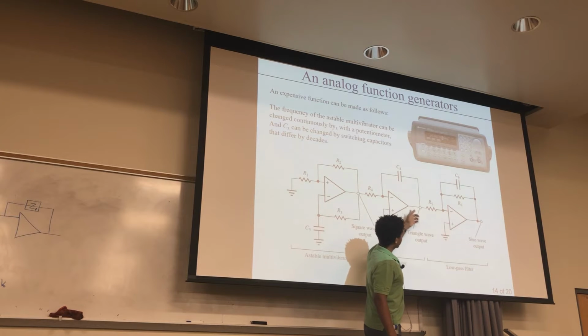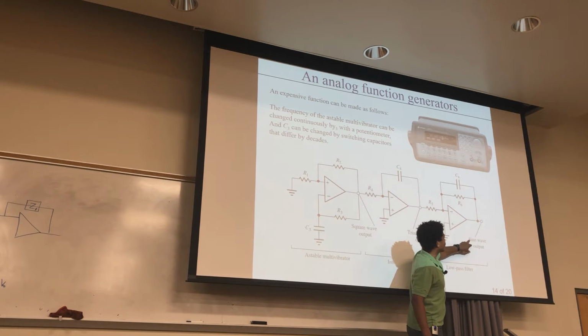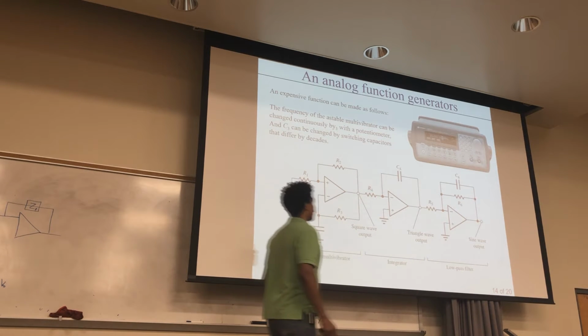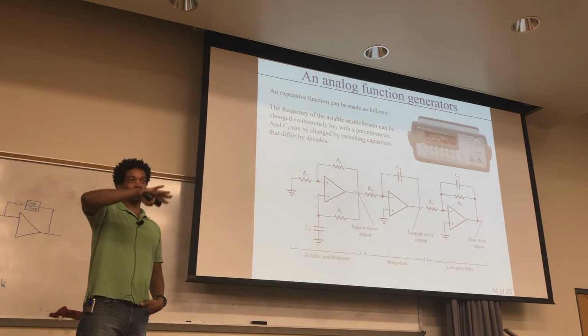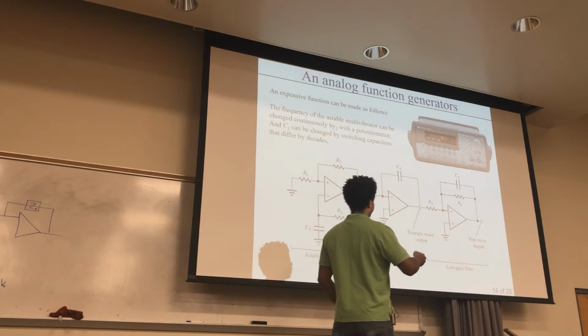And if you take that triangle output and put it through a low-pass filter, you're going to get something like a sine wave. I'm not sure it's going to be exactly a sine wave, but it's going to look like one, because it's going to round those sharp turns.